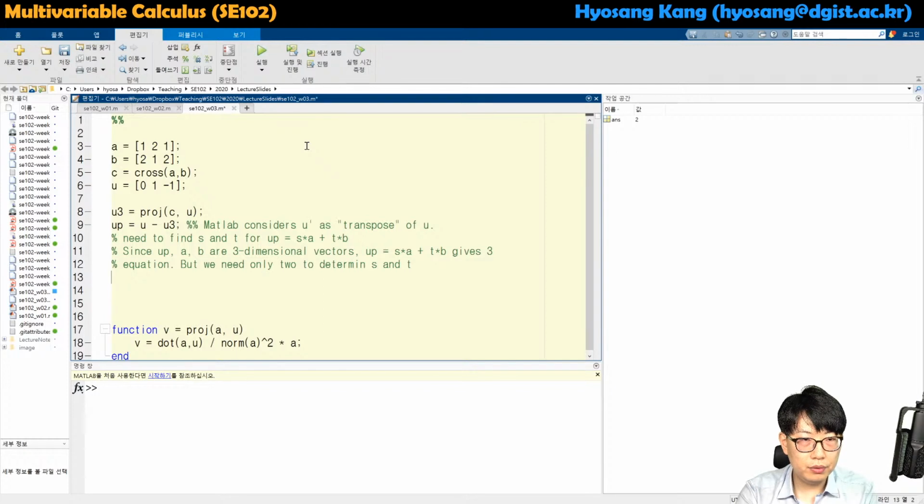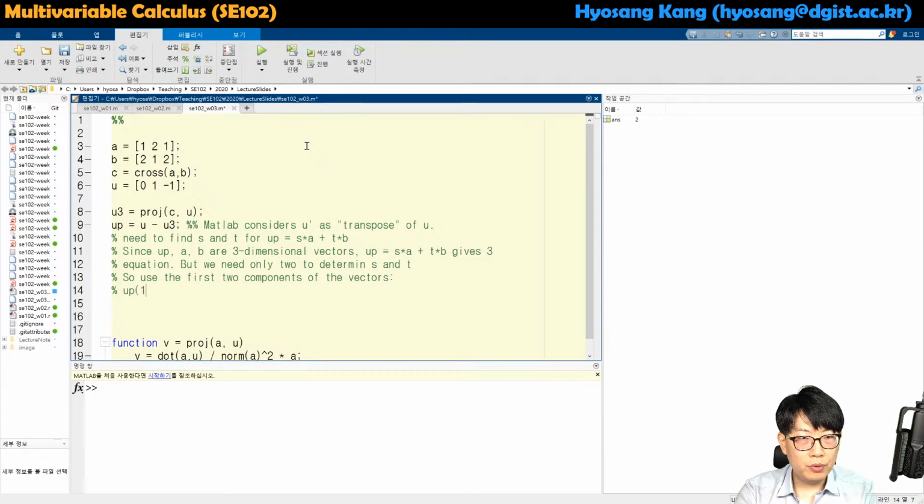So what we're going to do is use only the first two components, from 1 to 2. Usually UP has components 1, 2, 3, but I only use 1 to 2, and S times A of 1 to 2, plus T times B of 1 to 2.